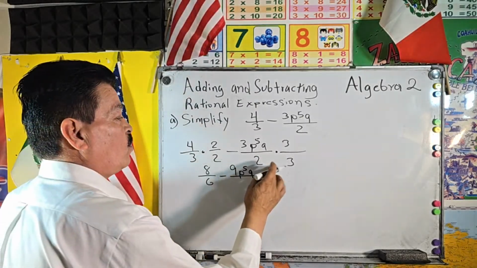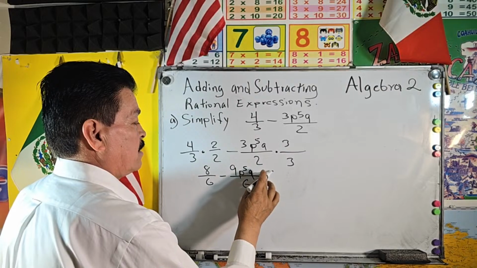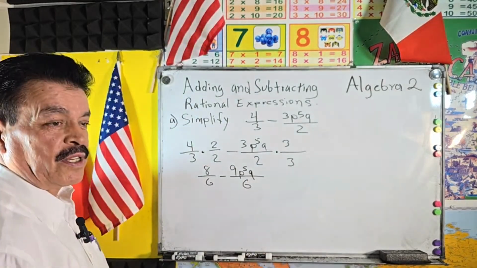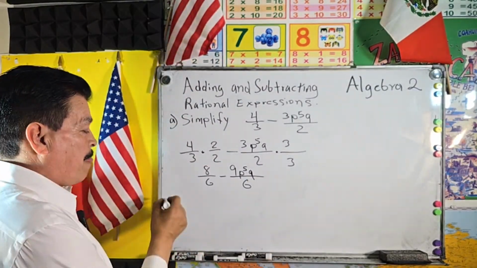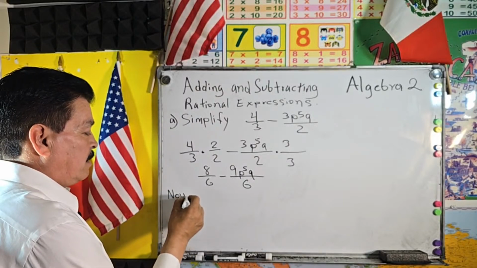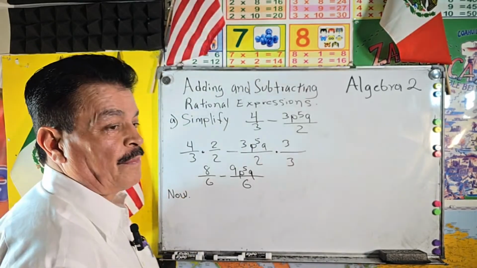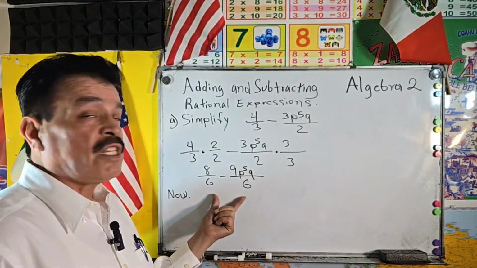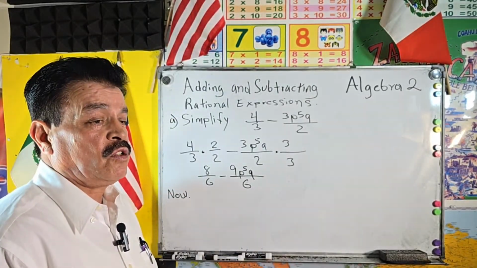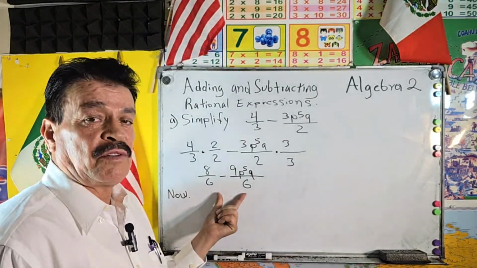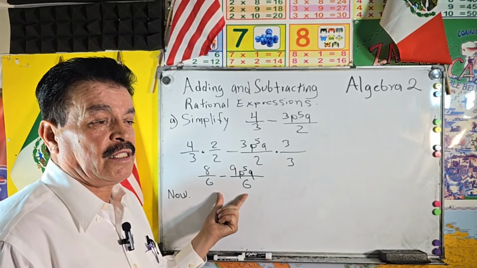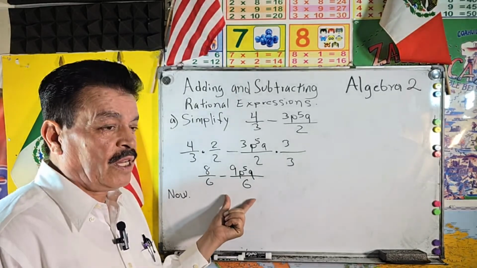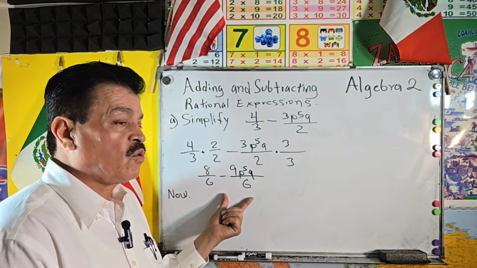And the bottom, 2 times 3 is 6. So you have the expression ready. Now these expressions have a common denominator. It's very easy to subtract. You are able to subtract now.